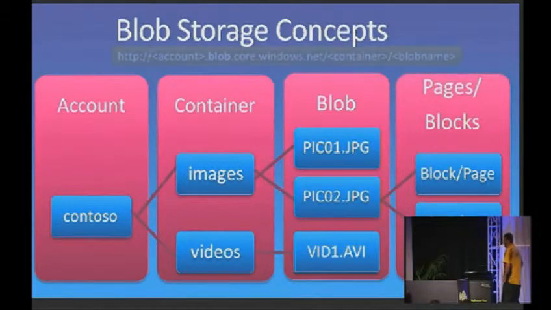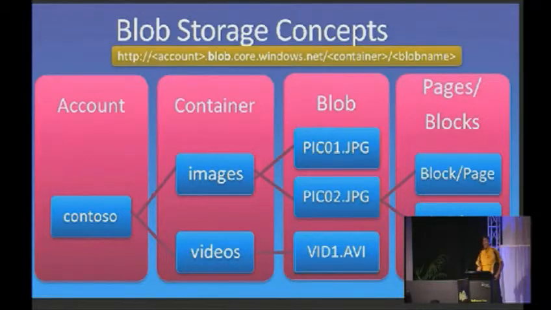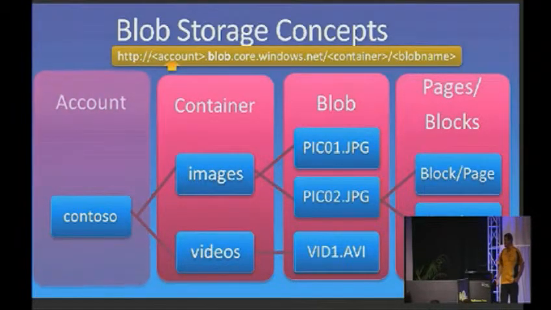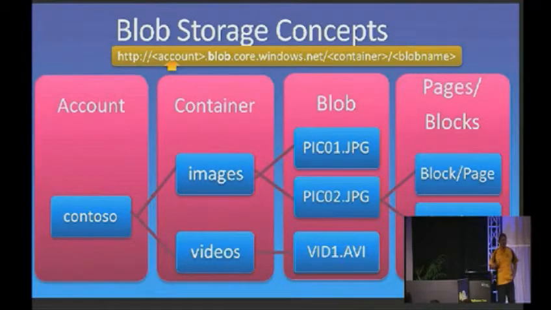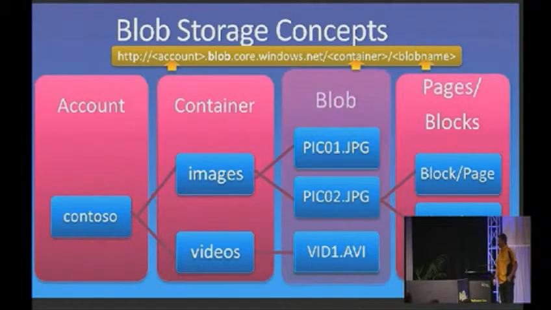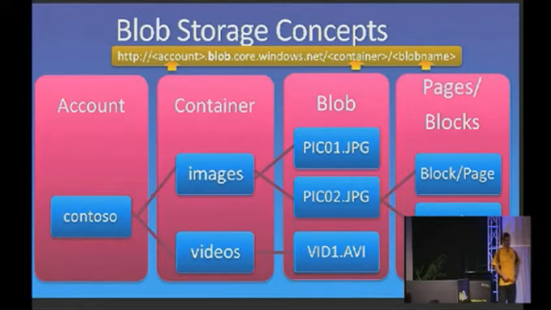Remembering that it's a RESTful web service, we will end up with a URL for each and every blob in our application. We can make that URL up by specifying the account name, the container name, and finally the blob name. There is no such thing as paths beyond the container.